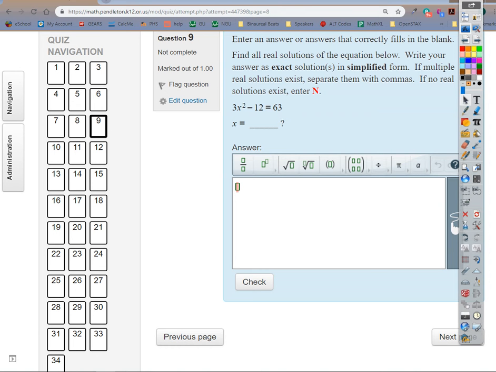Everybody want to see it? Okay, let's do it. If we add 12 to both sides, we get 3x squared equals 75. Divide by 3, I get x squared equals 25. So what are my solutions? Okay, cool.